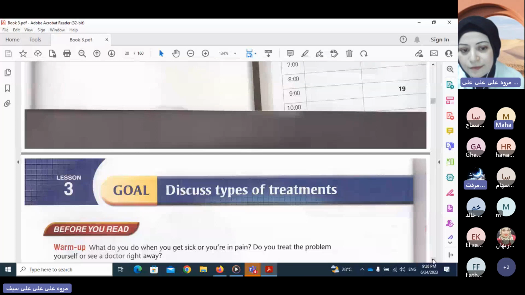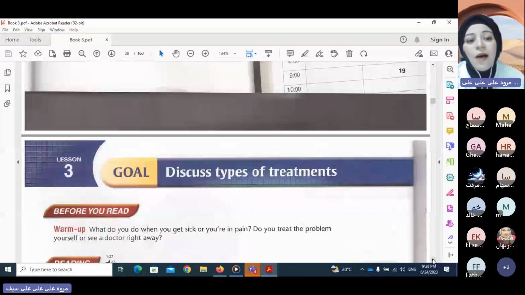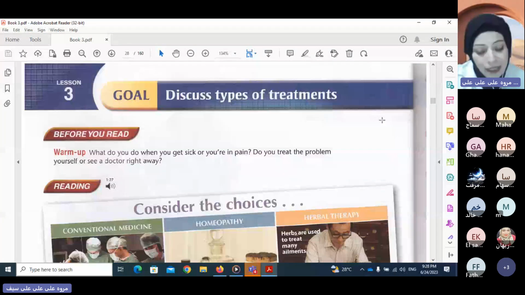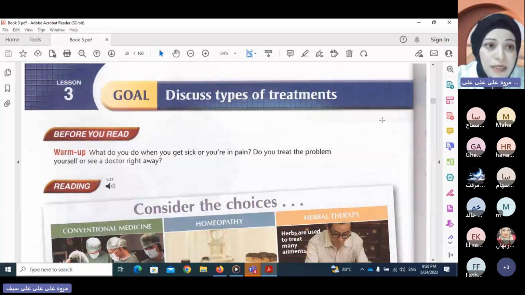Yes, very good. Now I'll put a link in the chat box that I want you to go to. It's the Mentimeter. I want you to visit the link and write me some examples of types of treatments.